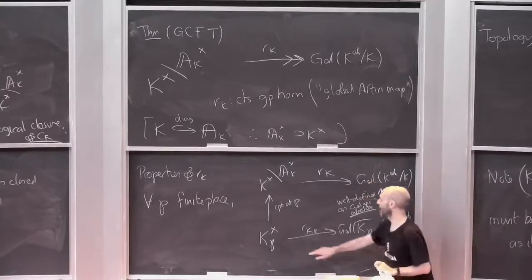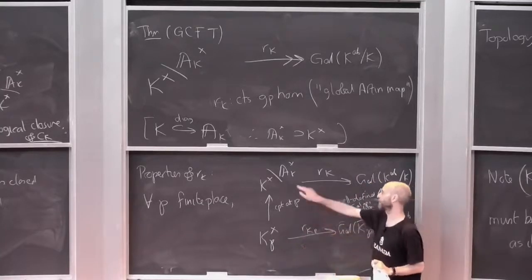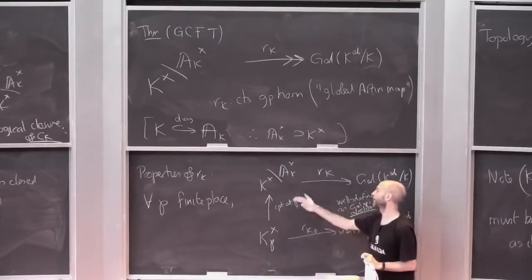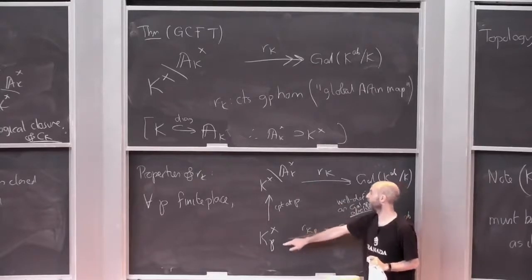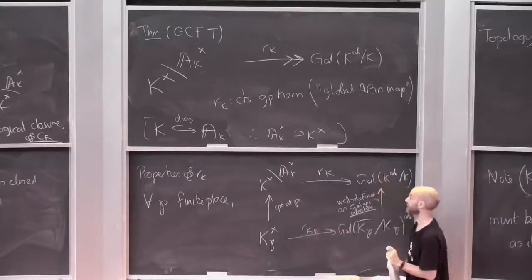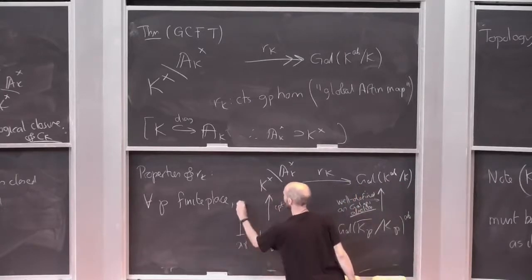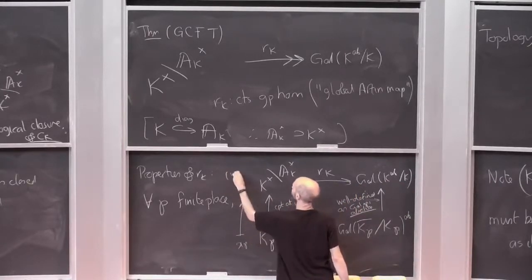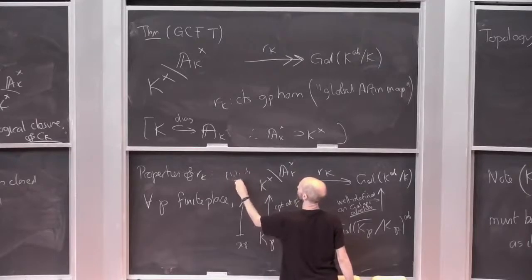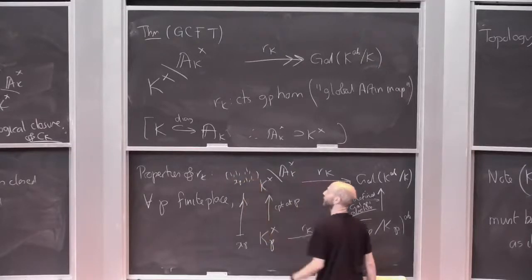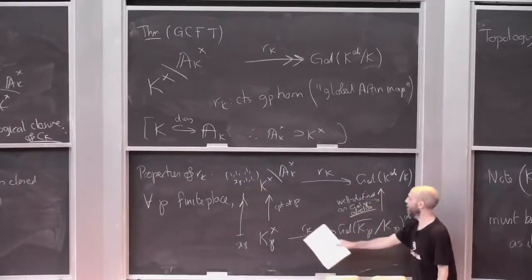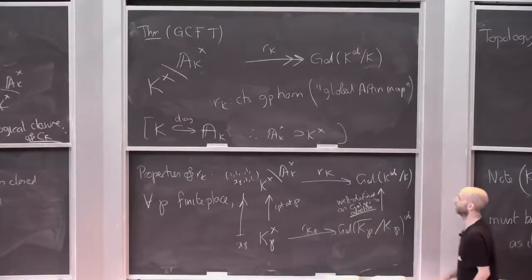If I've got some random element x_p, then I can regard it as an idele by defining x to be x_p at p and 1 everywhere else. So just to be quite clear, x_p gets mapped to (1, 1, 1, x_p, 1, 1, ...). So this is the local component of this.